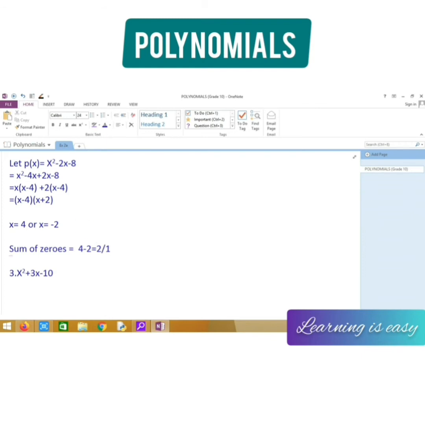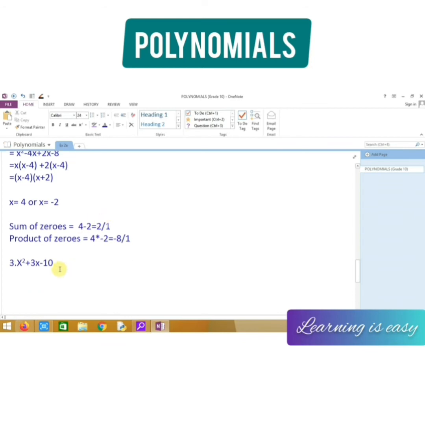So minus b by a form, the plus 2 becomes minus (minus 2) by 1, which is compared to the given polynomial, that's minus 2x. B value is minus 2. Product is 4 into minus 2, which is minus 8. That's the value of c, the constant term. So for each of these questions, we need to verify the sum of zeros and product of zeros.